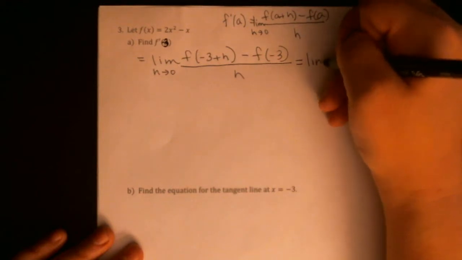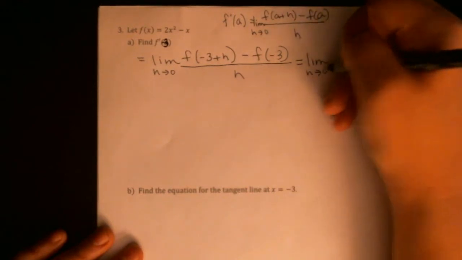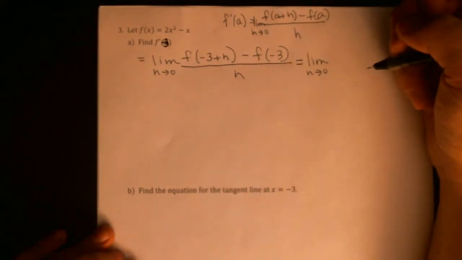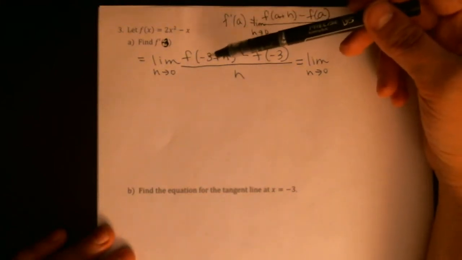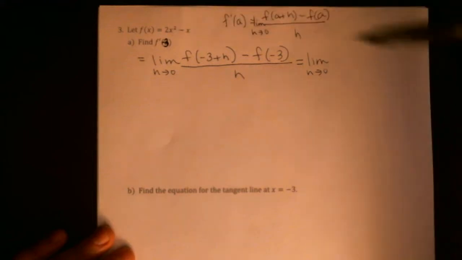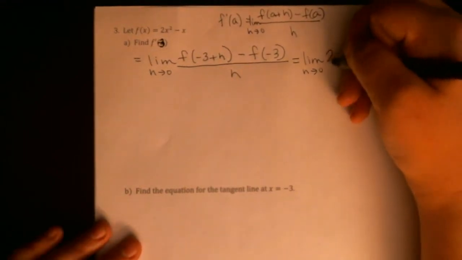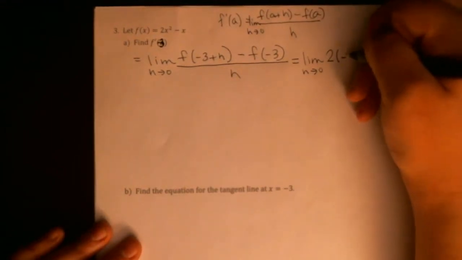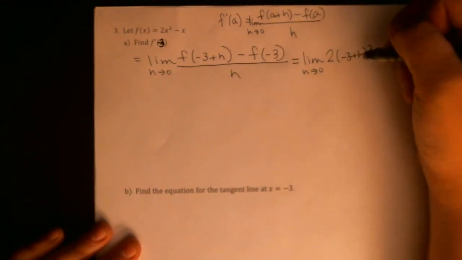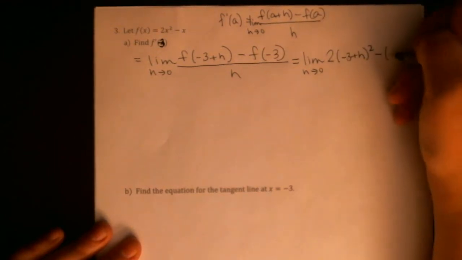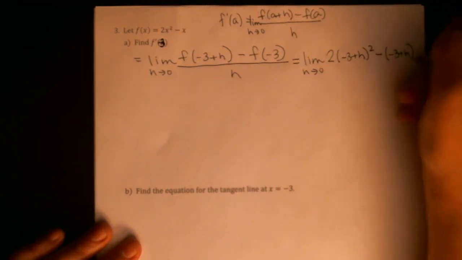And then it's all about just going back to your function and crunching through the algebra to simplify the difference quotient. So if I want to plug a -3 plus h into my function, I'll take it and square it, multiply it by 2, and then subtract that initial input.